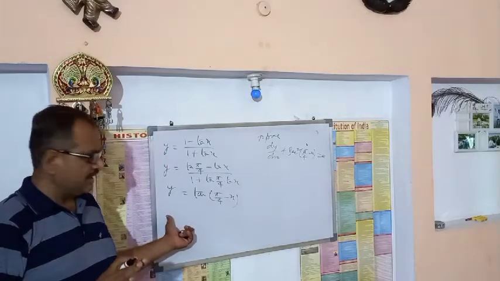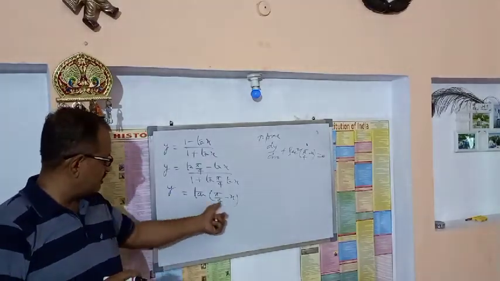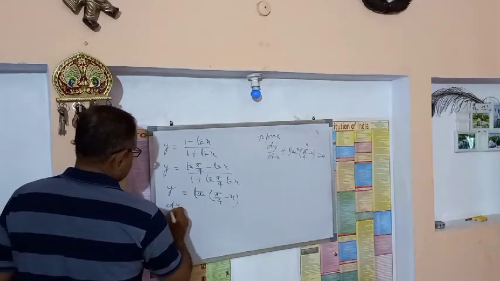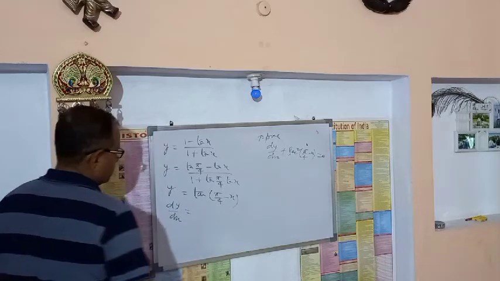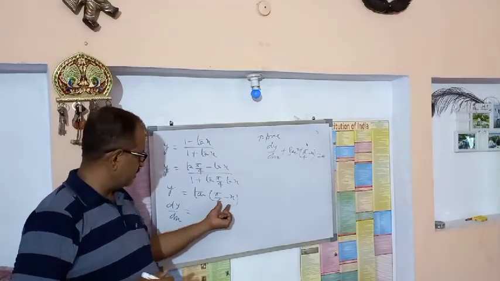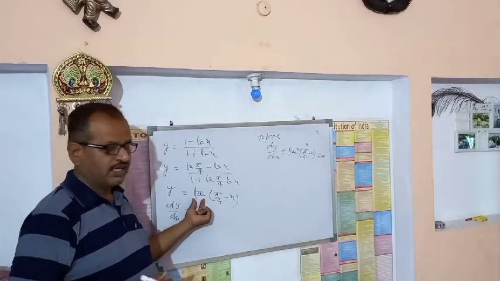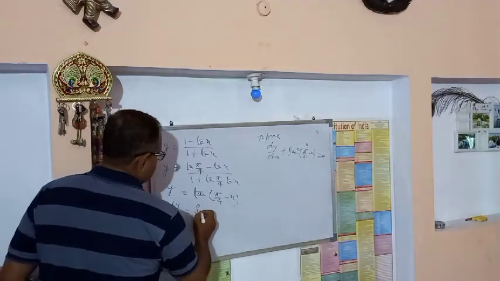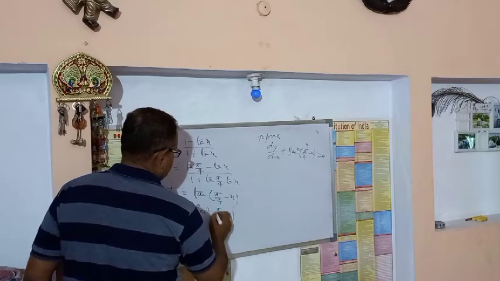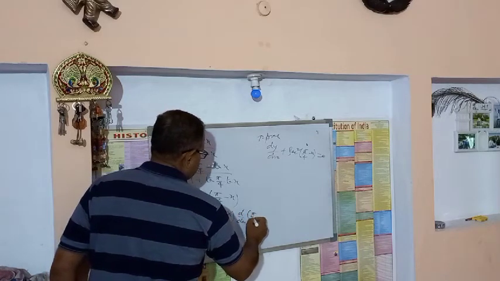Now simplification is done. Let us start differentiation. So differentiating both sides with respect to x. So dy by dx. What is the outer function here? Tan. So firstly we have to differentiate tan. Differentiation of tan is sec square. So it will be sec square pi by 4 minus x. And then d by dx of the inner function.